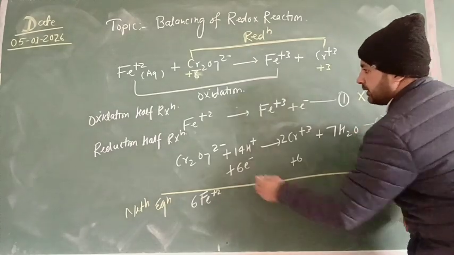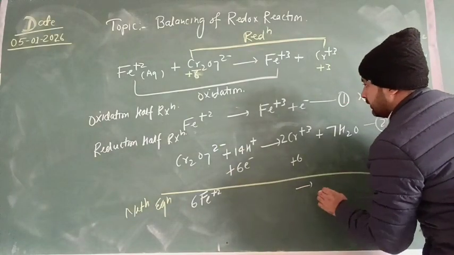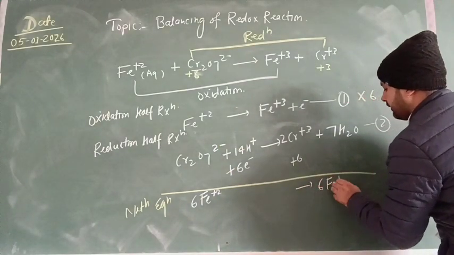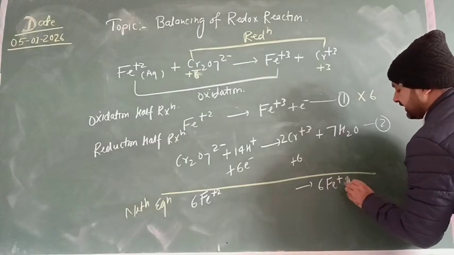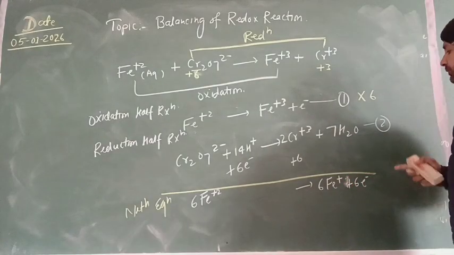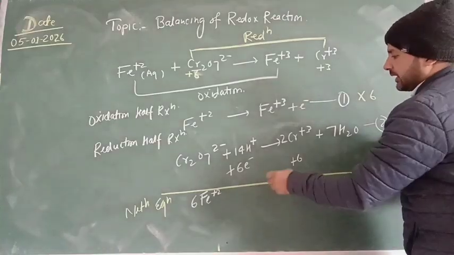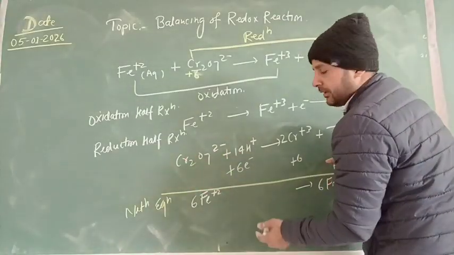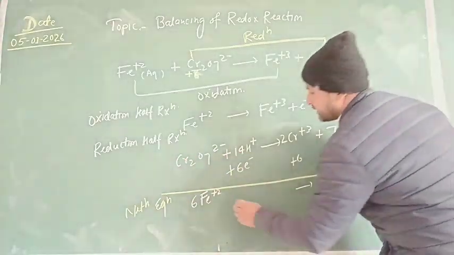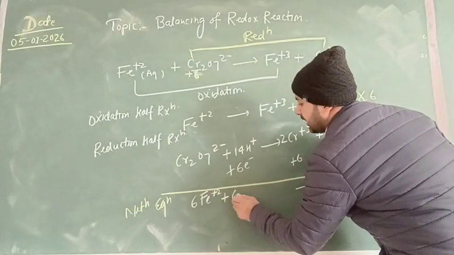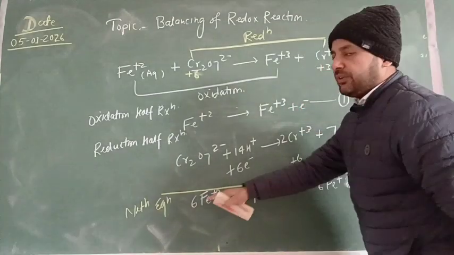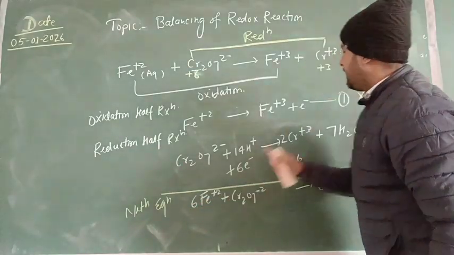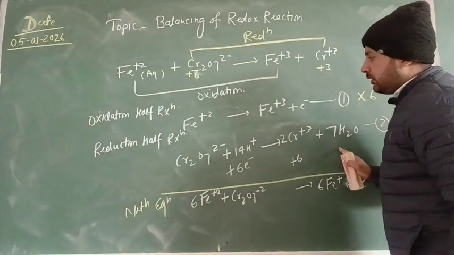So 6 Fe2+ gives 6 Fe3+ and 6 electrons. Okay, in the second equation we will write the left portion on the left side and the right portion on the right hand side, plus Cr2O7 2-. We are writing the net equation with the help of equation 1 and equation 2.